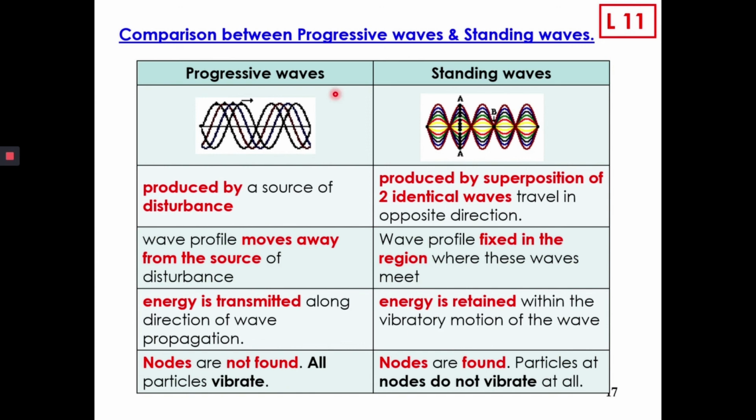And the last one, nodes are not found in a progressive wave because all particles in a progressive wave vibrate. But for a standing wave, we will find nodes because we have particles that do not vibrate at all at a node.